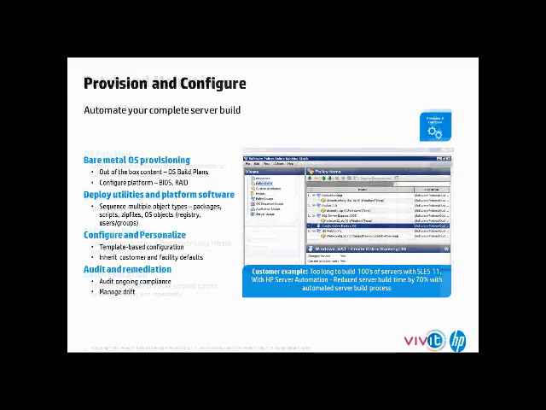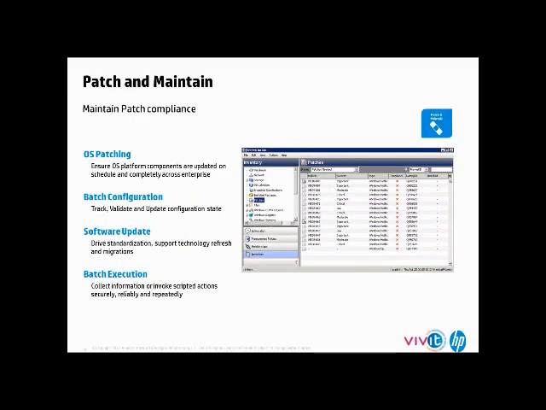Patch and maintenance. Once you have configured your server, the next step in day-to-day operations in managing the server environment covers patch and regular maintenance. With server automation, standard edition, the SAVA, you can patch as many servers, as many times as you want.